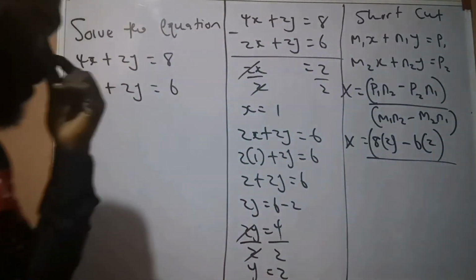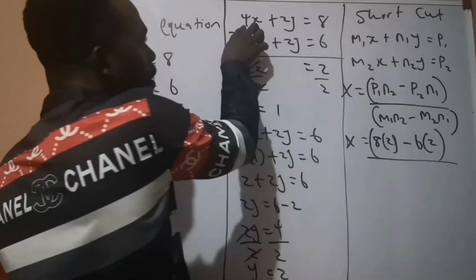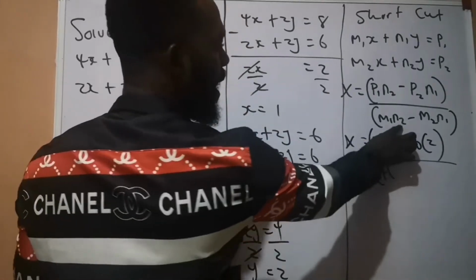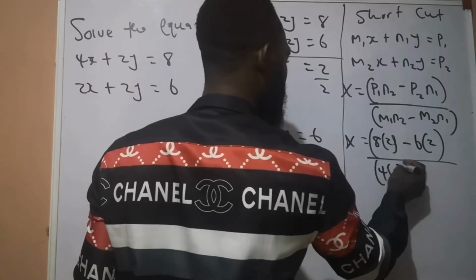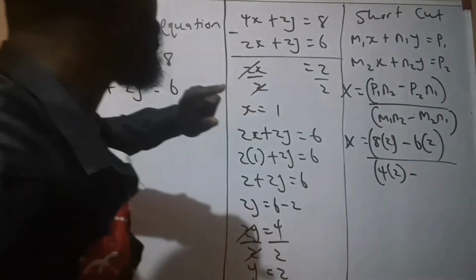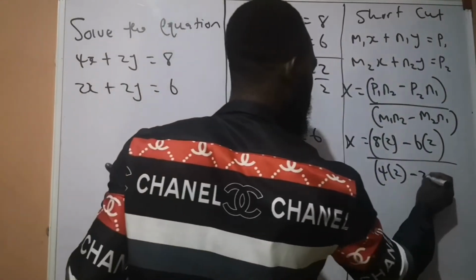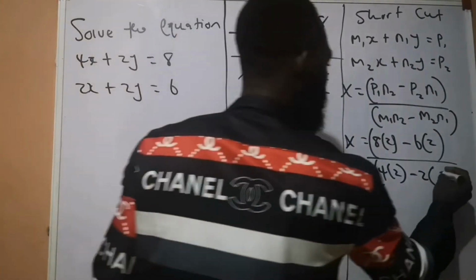Over m1, which is 4, into bracket n2, which is 2, minus m2, which is 2, into bracket n1, which is also 2.